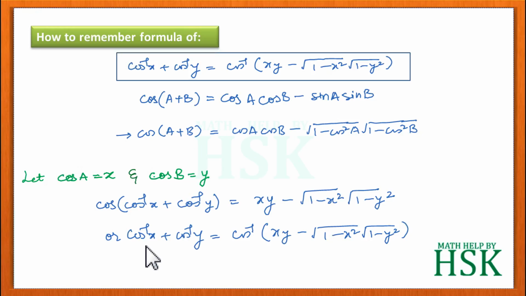So I hope you got an idea of how you can remember it. a and b become cos inverse x, cos inverse y, and cos a cos b becomes xy in this identity. So this is a trick, and it is also the proving of this result. If we have to prove that cos inverse of x plus cos inverse of y is equal to this much, then you can use this identity and prove it.